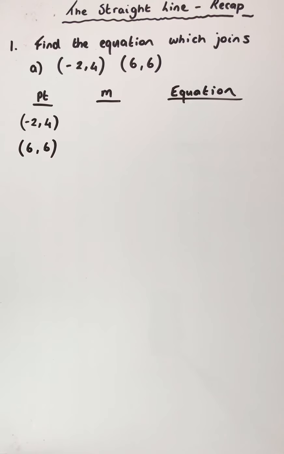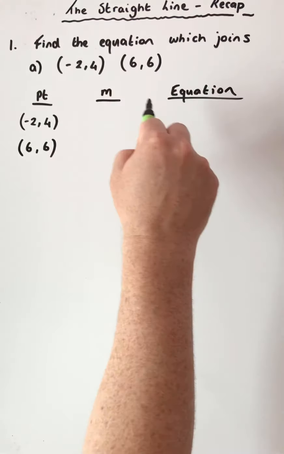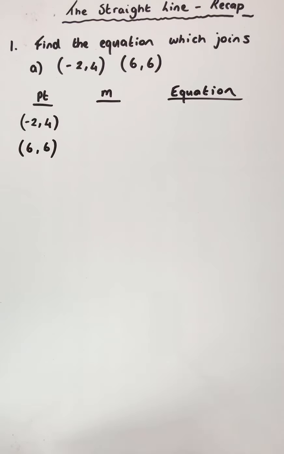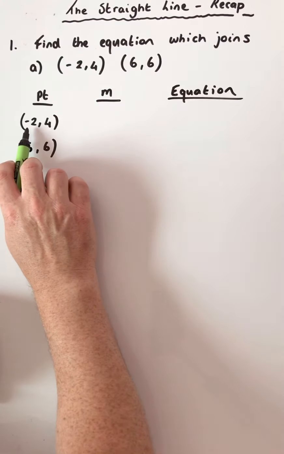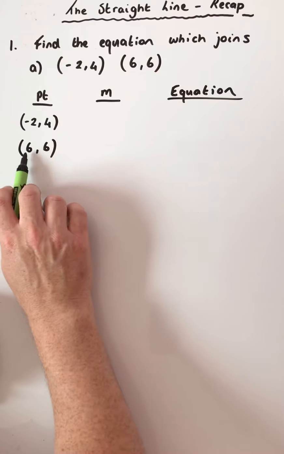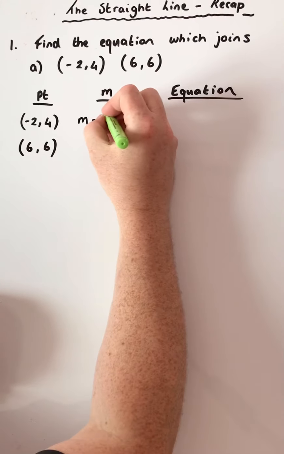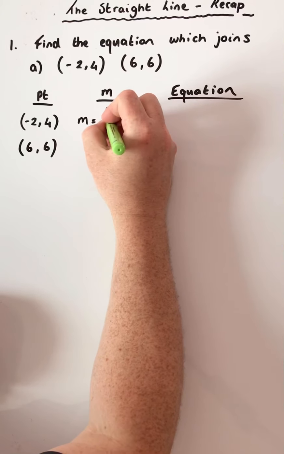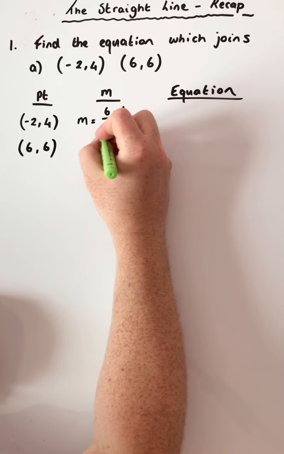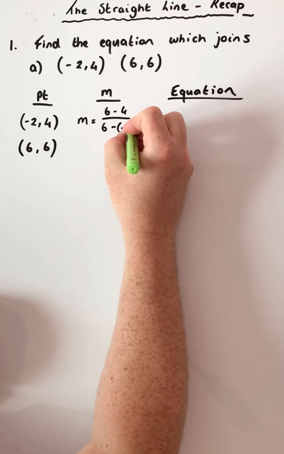Okay, so find the equation of the line which joins the points negative 2, 4 and 6, 6. So your structure: point, gradient, equation. So x1, y1, x2, y2, gradient is y2 minus y1 over x2 minus x1.